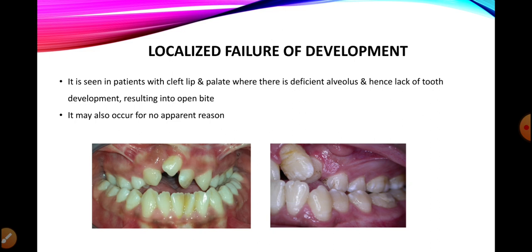So if the maxilla is deficient in the transverse plane, the anteroposterior plane, and also the vertical plane, this deficiency near the alveolus of the cleft may result in localized failure of development of the dentoalveolar complex near the cleft, which may result in the development of a localized open bite, as can be seen here in this picture.